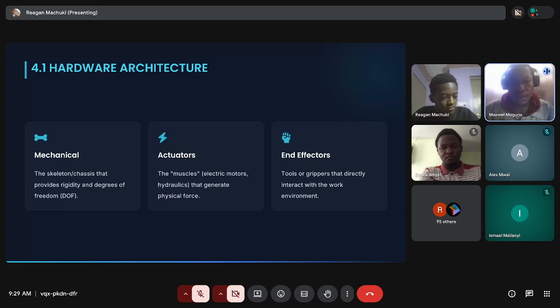The other components that we have are the end effectors. This is the hand, or a specialized tool located at the end of a limb that directly interacts with the environment. Depending on the robot's purpose, this can be grippers, suction cups, or even welding tools. Those are the end effectors.